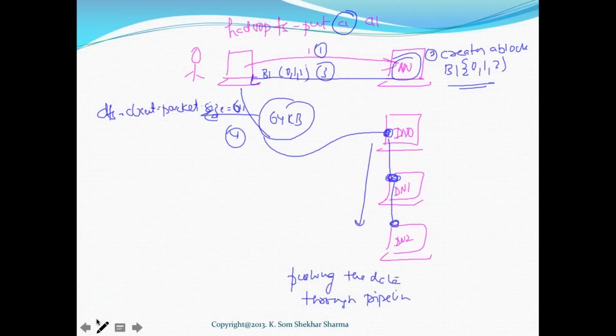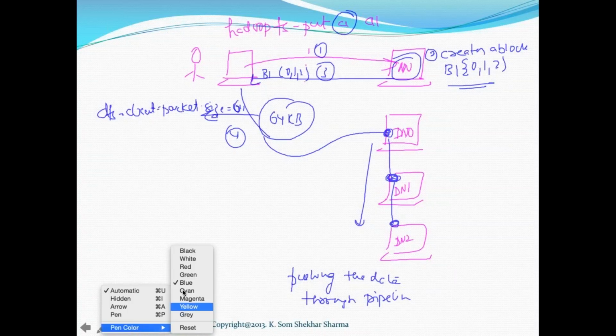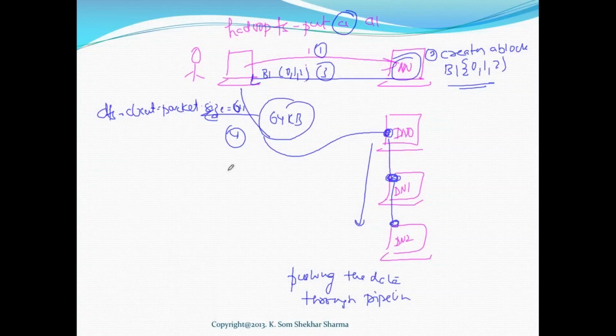Now this process of reading the 64 KB of data and pushing it to the data node will continue till a block of data is completed.